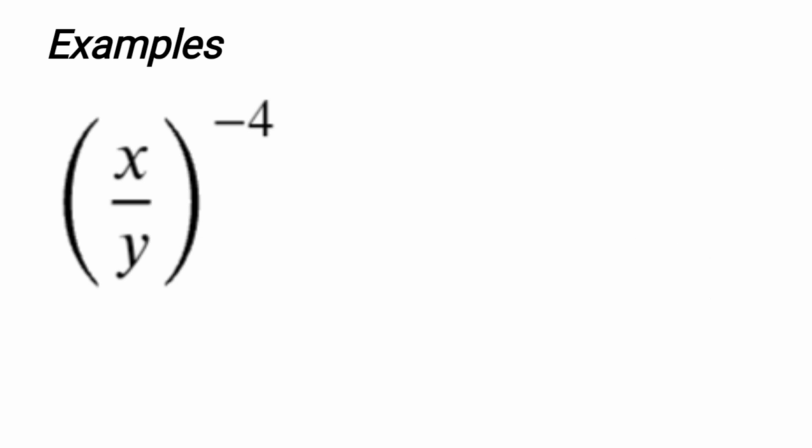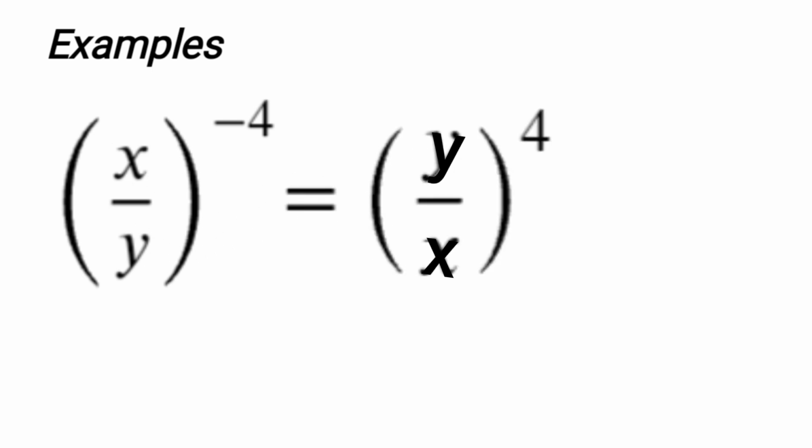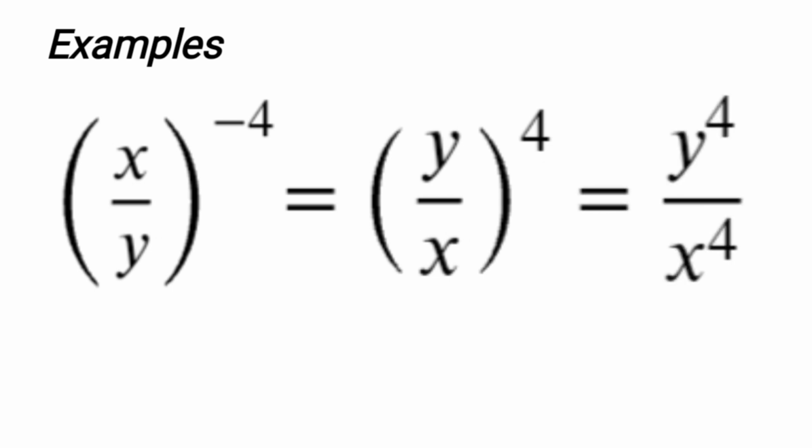This one, quantity x over y raised to the power negative 4. So we interchange y and x, the denominator and the numerator. We have y over x raised to the power 4. This is now positive. Then this is equal to y to the fourth over x to the fourth.